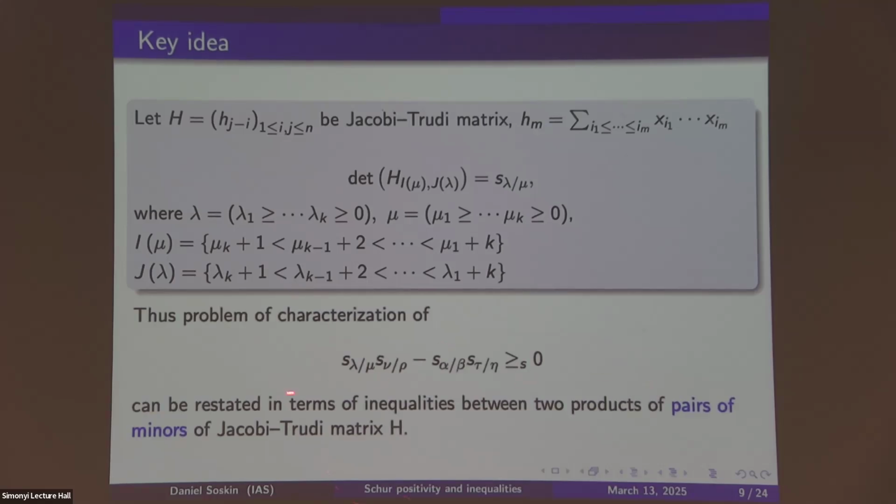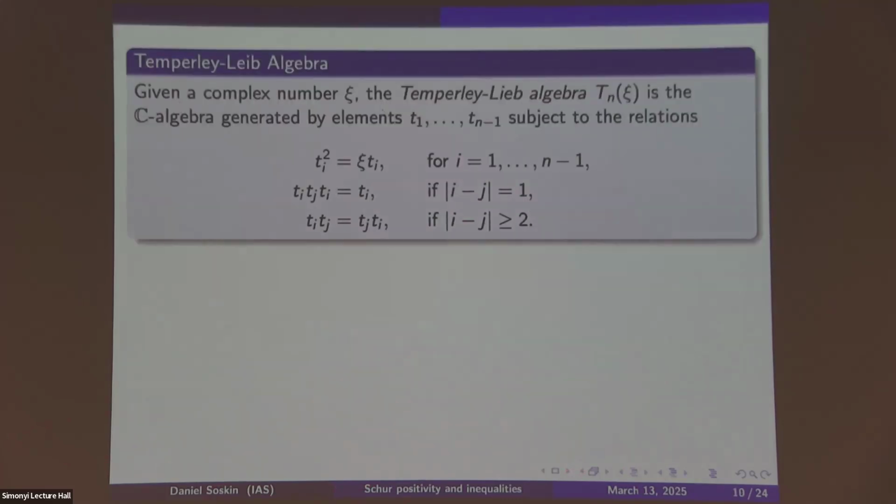So if you have such an inequality for any partitions, just using the Jacobi-Trudi formula, you can rewrite it as an inequality between products of minors of the Jacobi-Trudi matrix. And such inequalities were studied by Ross and Skandera, not just for Jacobi-Trudi matrices, but in general for matrices.